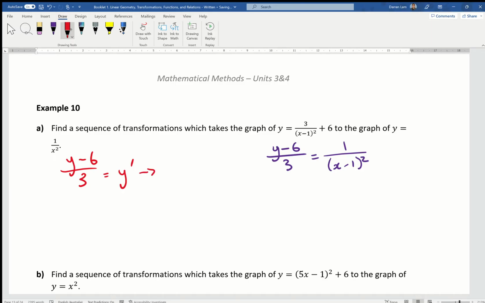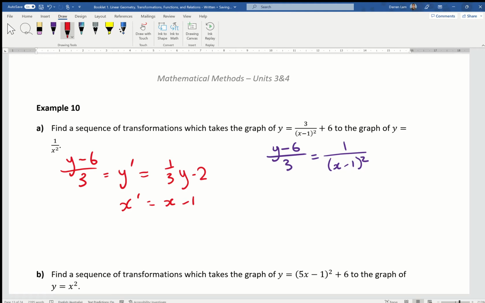You can simplify that to 1 over 3 y minus 2. Same thing. I could probably replace that with an equals actually. There we go. x dash equals to x minus 1. Simple, no need to rearrange that.